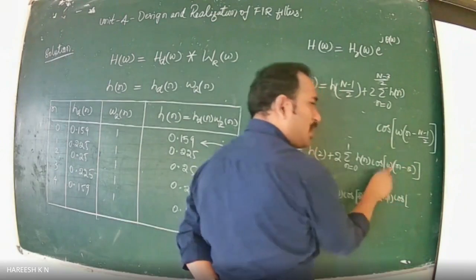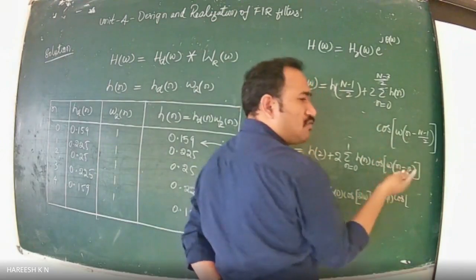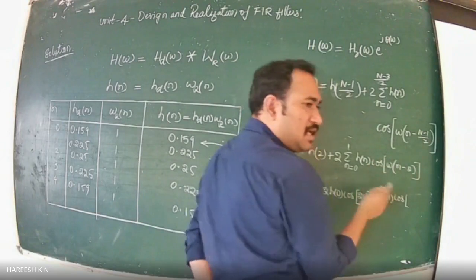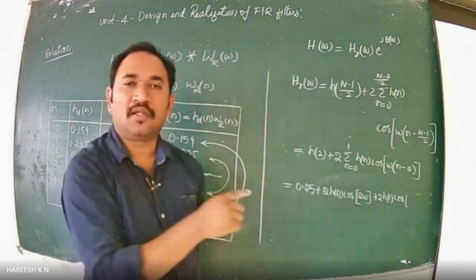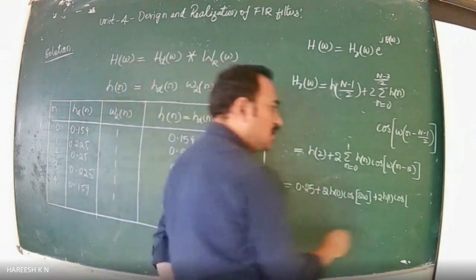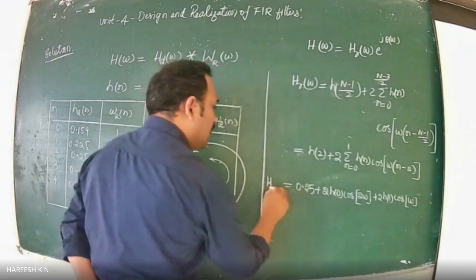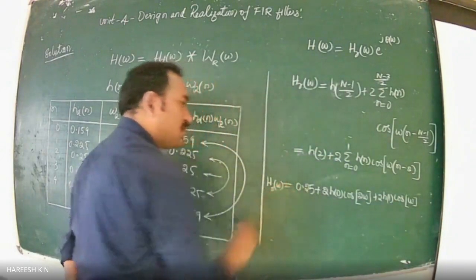Minus 1 into omega is minus omega. My cos of minus omega is nothing but cos of omega, because cos of minus theta is cos theta. Therefore, cos of minus omega will be obviously equal to cos of omega itself. Therefore, cos of omega. Now, this is the expression for HR of omega, right?